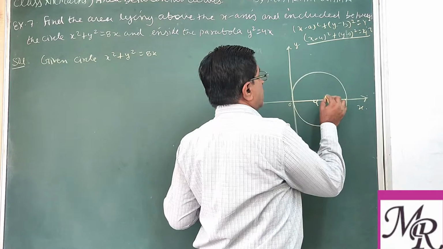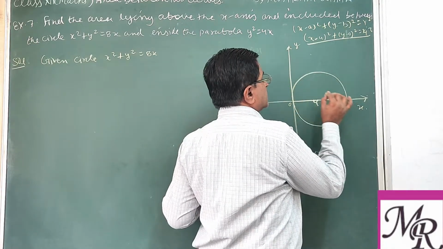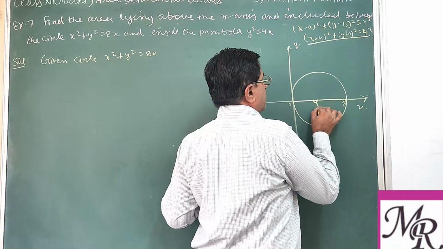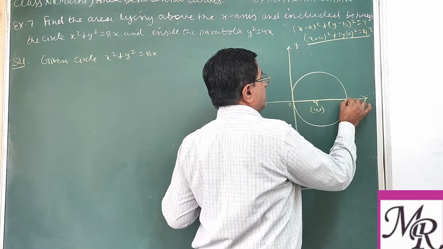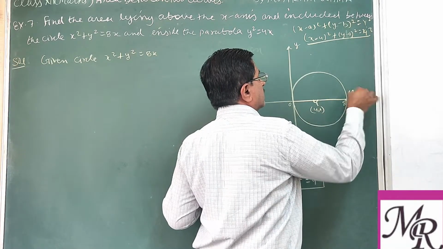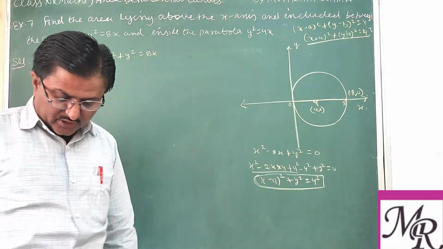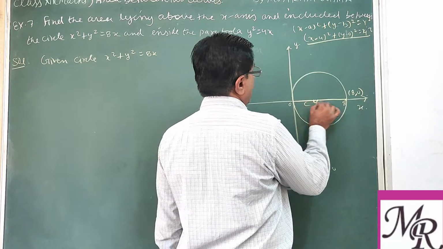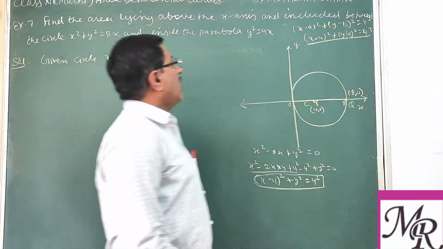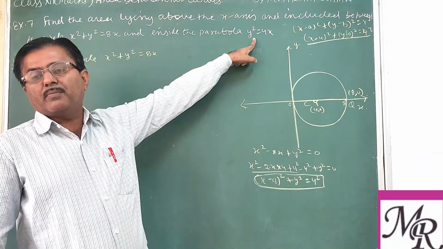Now this is the required equation of the circle. So here the coordinate of the center is (4, 0) and this point is (8, 0). Here now you may mark the points O, C and Q. Now this is the standard form of the parabola.